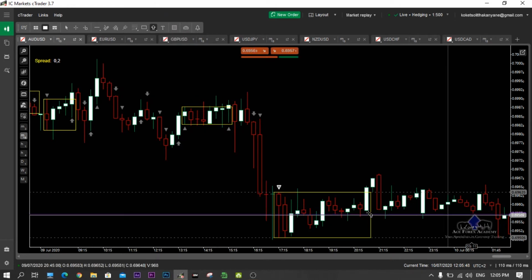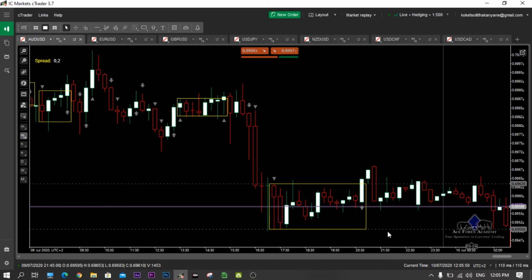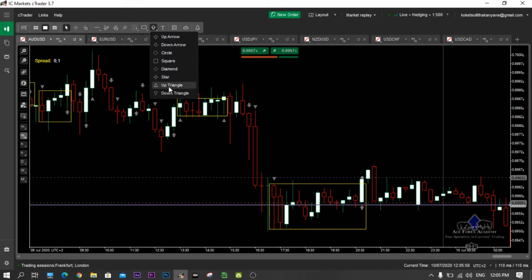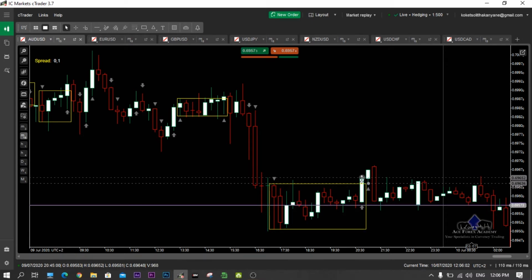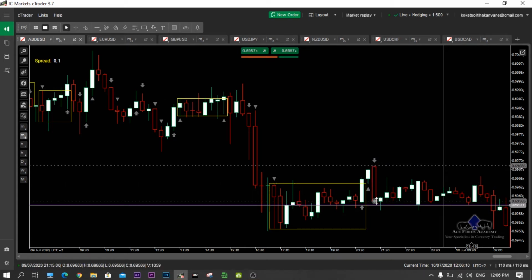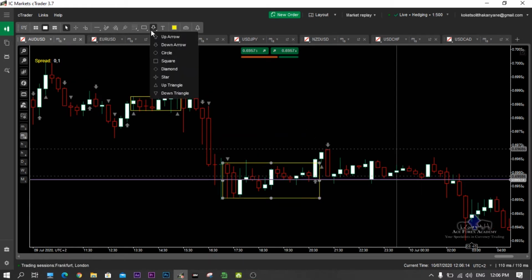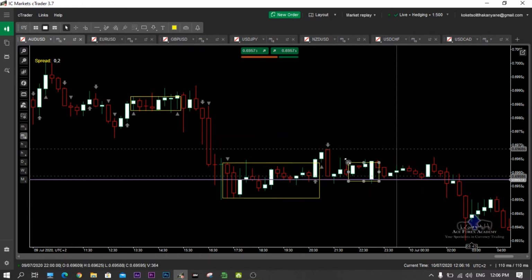Bulls got in control, pushed the market to the upside. Bears came in, pushed the market down, and we closed off in our period of consolidation.